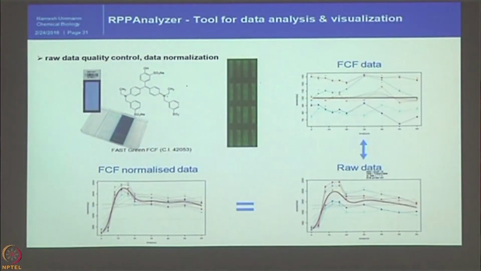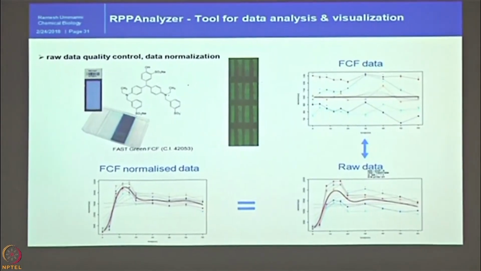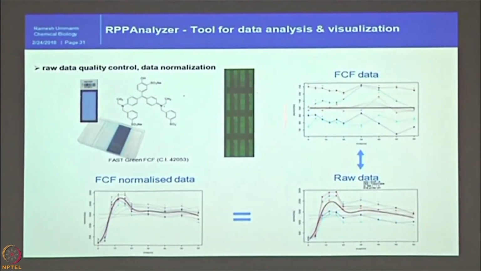How do we do it? We stain this slide with Fast Green FCF. This will directly bind to the protein, and we can scan the slide at 800 channel in the infrared imaging system. This green color indicates the total protein. We can quantify this same as the antibody signal is quantified, and we can see that.